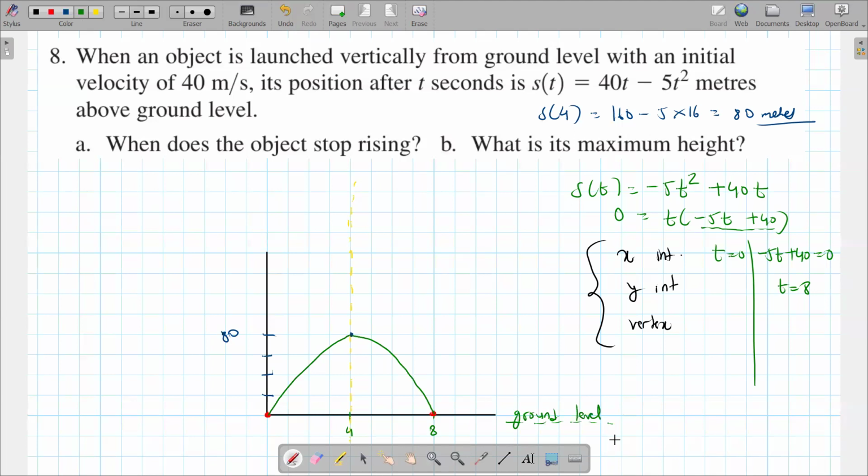When does the tangent stop being positive? See these tangents here? The question is when they stop being positive. And the time is 4. Yes, t equals 4. What's the maximum height? 80 meters. Done. Easy peasy.